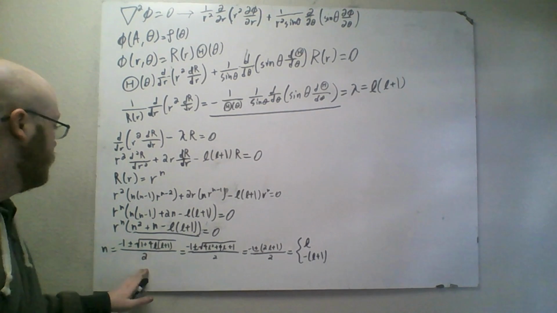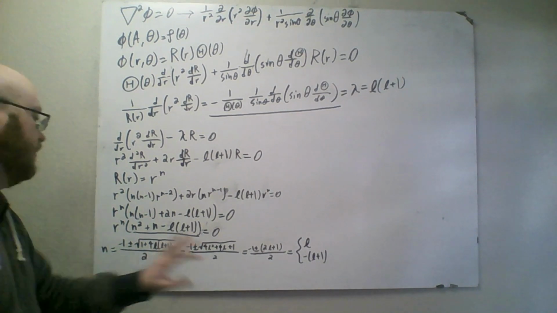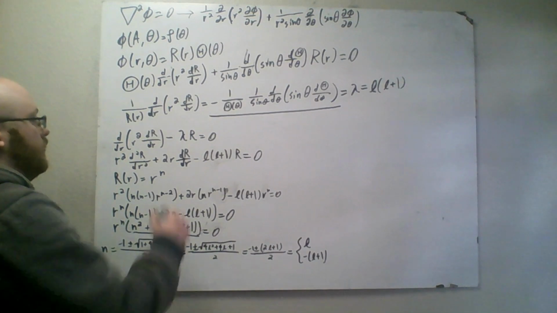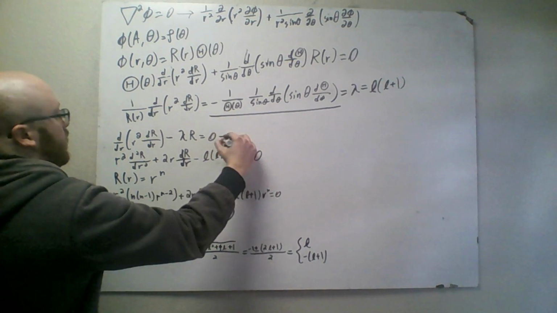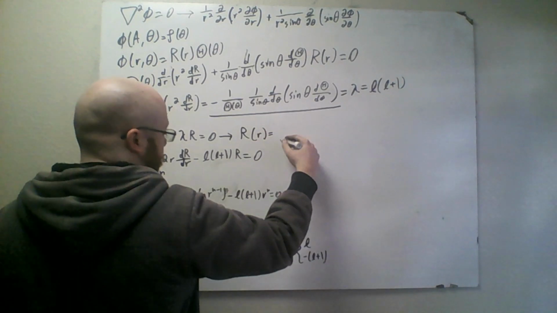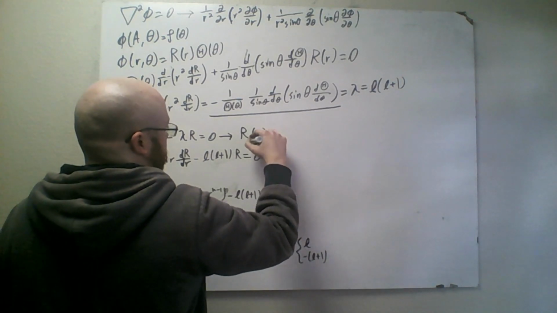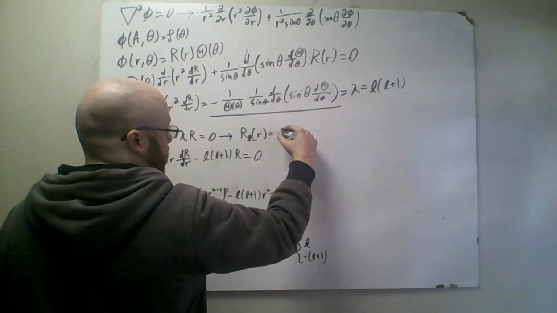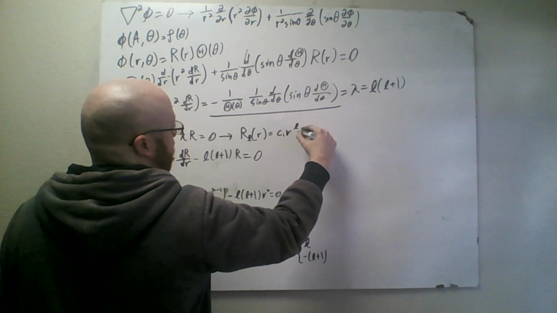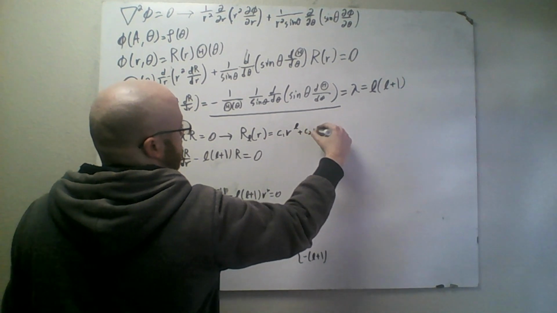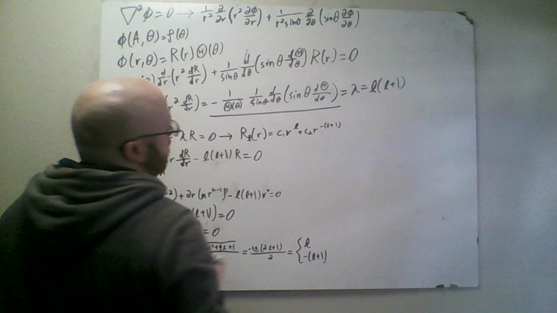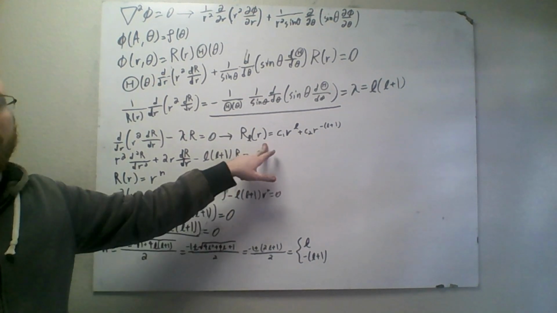So our two solutions are: the function of r, which I'm going to call R of L, equals C1 r to the L plus C2 r to the negative L plus 1. You've actually seen this before.